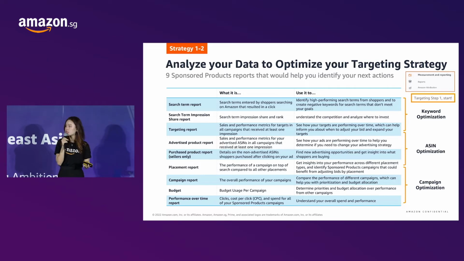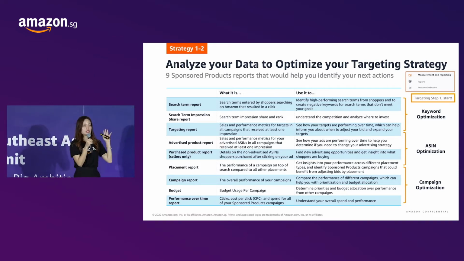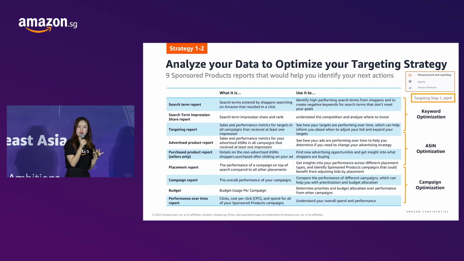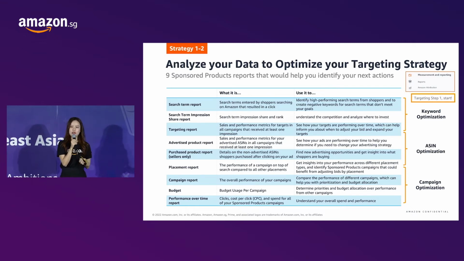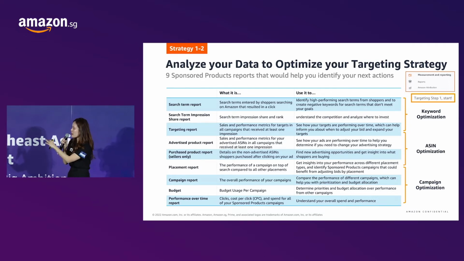For keywords optimization, we have 3 reports available: search term report, search term impression report, and targeting report. We recommend that after running automated targeting for at least 2 weeks, you start downloading the search term report and building up what keywords and product attributes are generating sales, and focus on those.